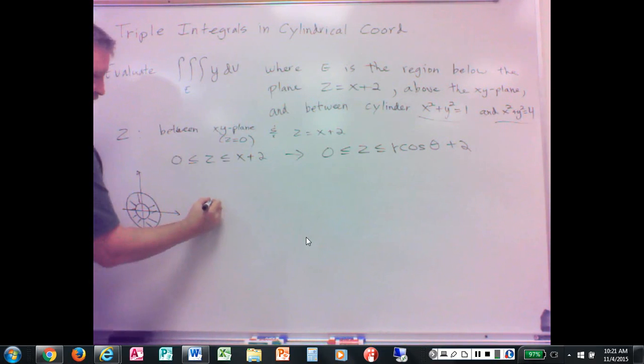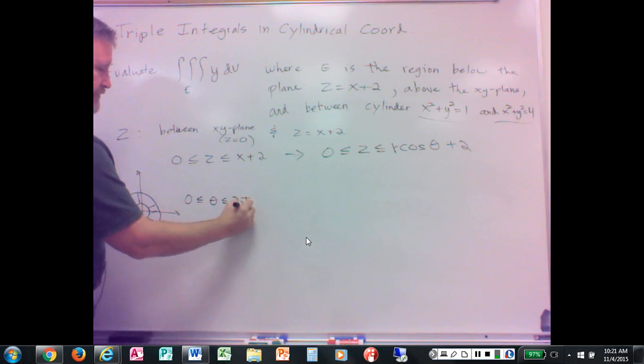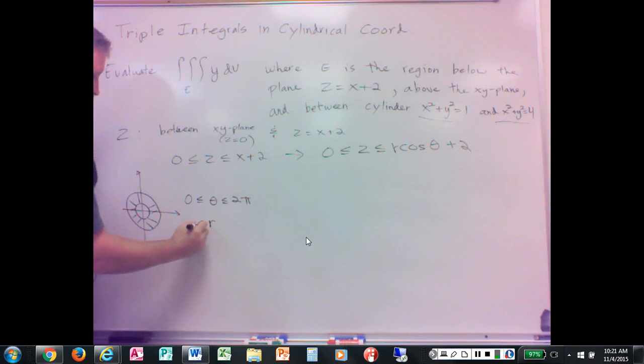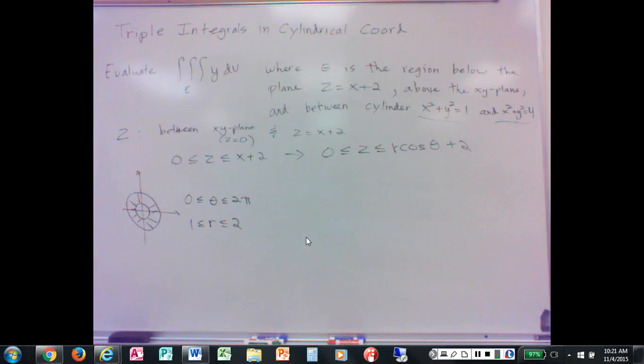So theta would go 0 to 2 pi, and r is between 1 and 2. That's not too bad. Let's see what we run into with the triple integral, though.